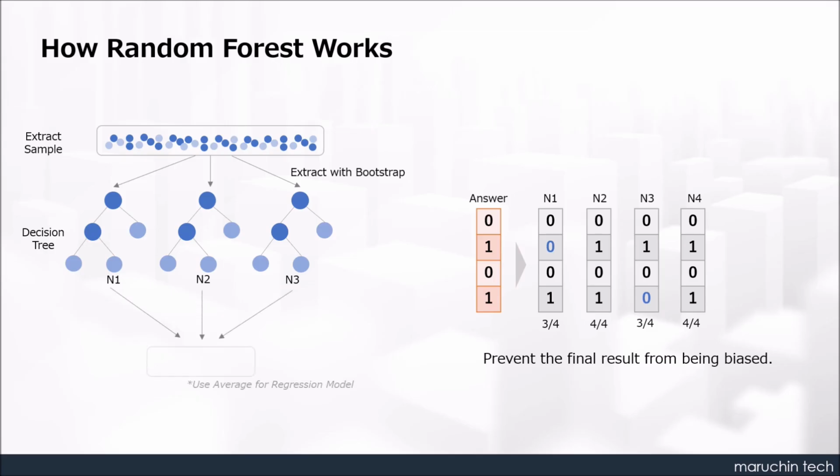Finally, random forest takes the results from all the decision trees to determine the final prediction. In the case of a classification problem, it takes a majority vote. In the case of a regression problem, like ours, it typically takes the average. By using the results of multiple decision trees, we can prevent the final result from being biased by any single tree.